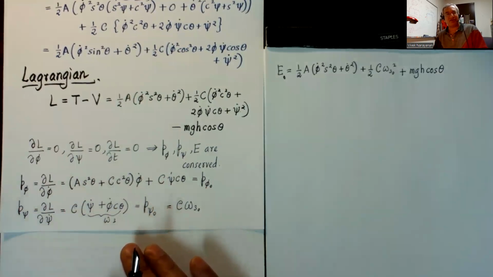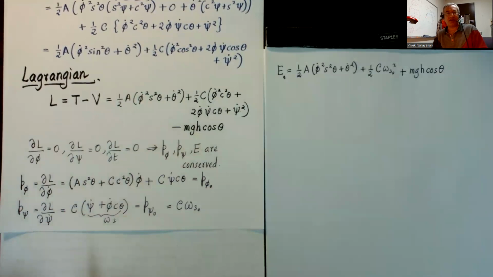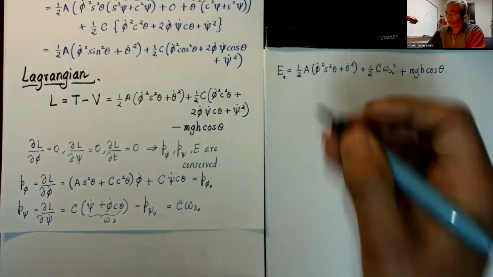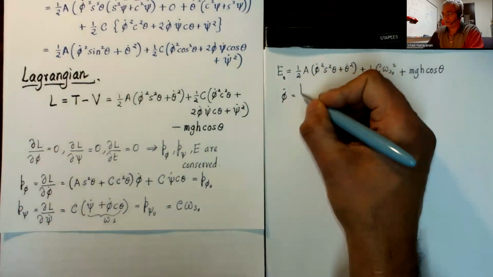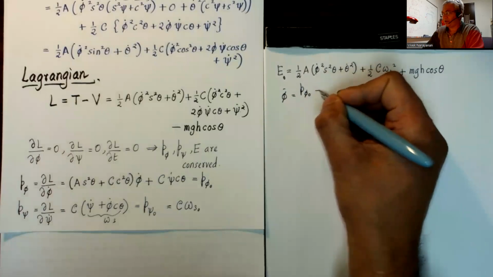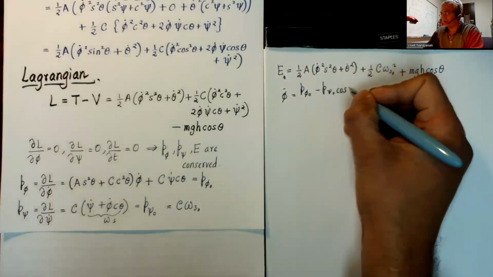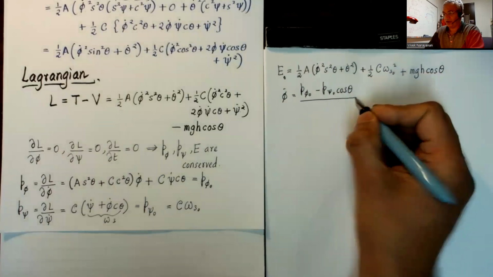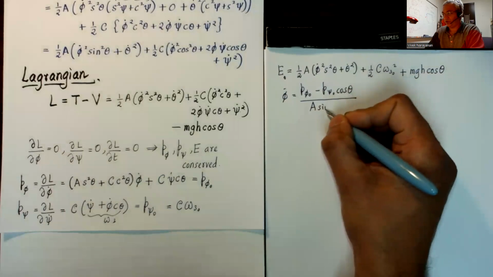If you don't like Cramer's rule, you can just solve a system of linear equations in two unknowns. It's not a big deal. The answer will be phi dot is p phi naught minus p psi naught cosine theta divided by the determinant, which is a sine squared theta.